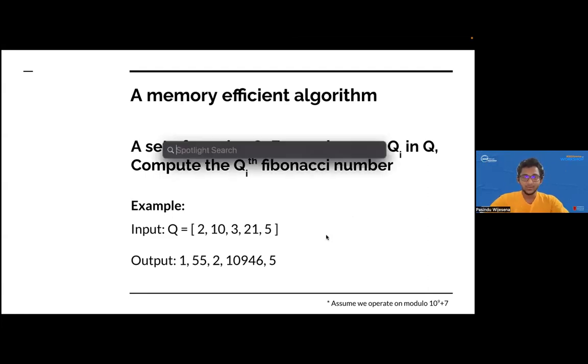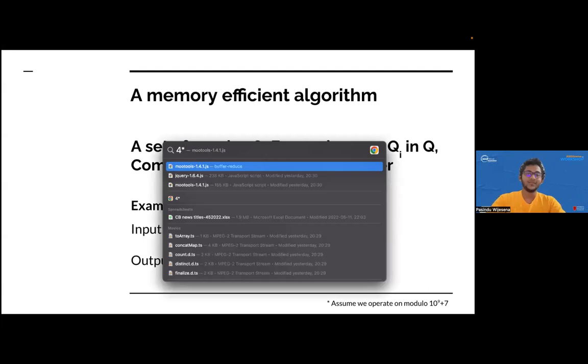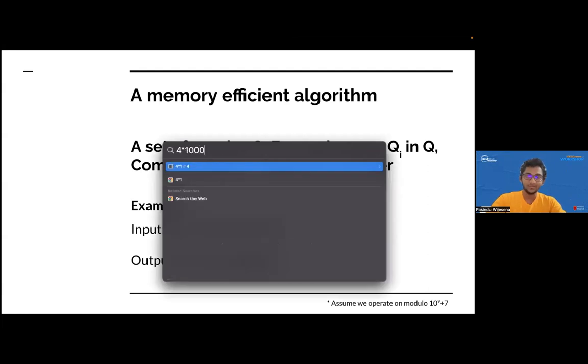So we need 4 bytes to store a single value, and then we have a billion. So this is going to take us 4 billion bytes, and 4 billion bytes is 4 gigabytes of memory.